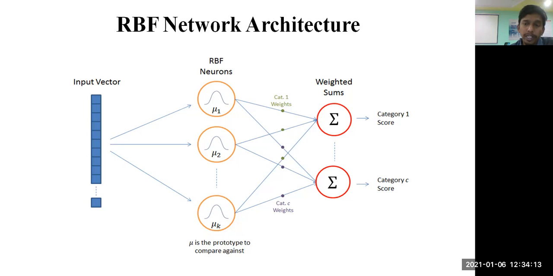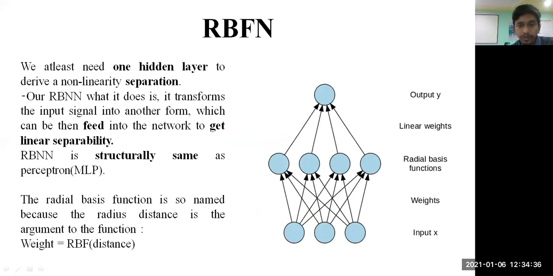That becomes a score, which is then multiplied by the category-wise weights and summed using a dot product. That's how we compute this radial basis function network. This is the architecture which everybody needs to understand or keep in mind about the difference between ANN and this model.